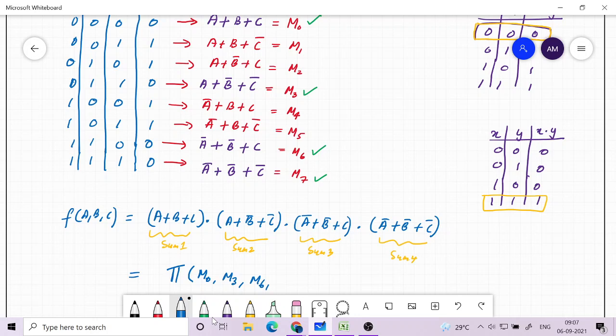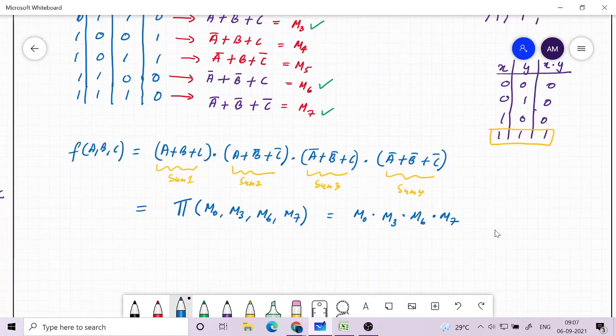So we are basically multiplying all these things, meaning the AND operation of all these individual max terms. So this means M0 into M3 into M6 into M7. This is what we mean when we write like this, the product of these.